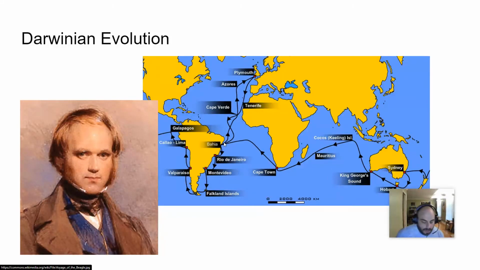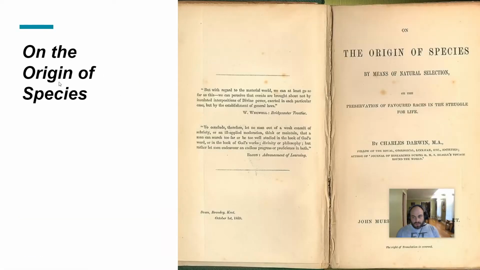And so he took that along with the fossil evidence that he gathered and came to the conclusion that animals will be uniquely adapted for the environment that they live in because they have changed over time to meet the environmental demands. And he published those findings in a pretty important book called The Origin of Species, or On the Origin of Species by Means of Natural Selection, and you see this long, big title.